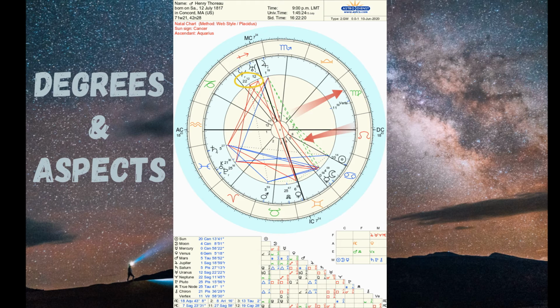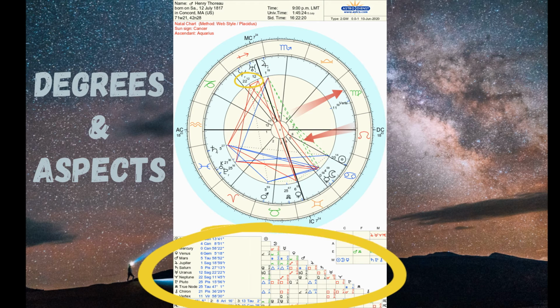Oppositions, where you have two planets on opposite sides of the sphere. And what would happen there is there's a possible imbalance because you're either all one or you're all the other. So you have to be able to find balance in your life with an opposition.